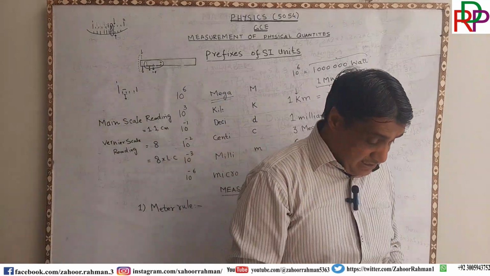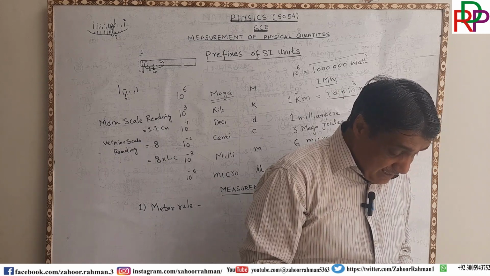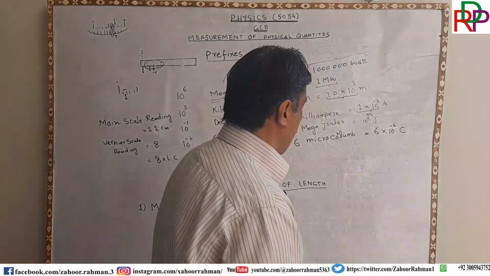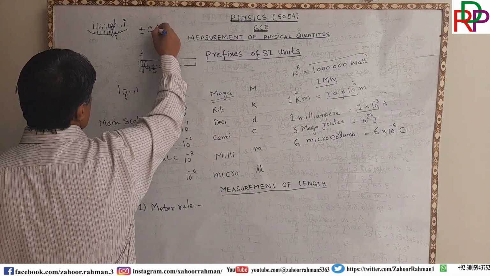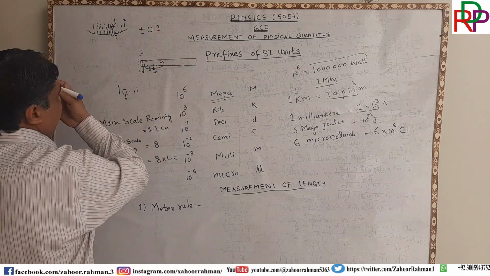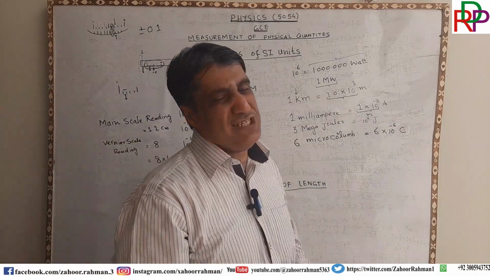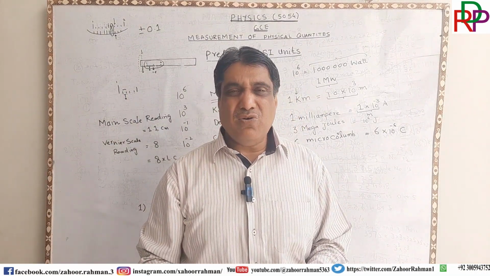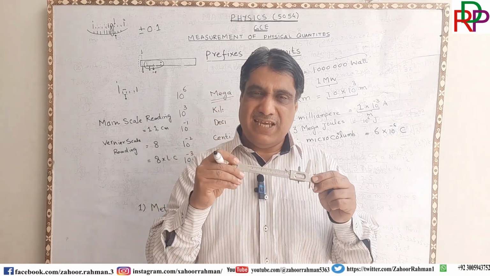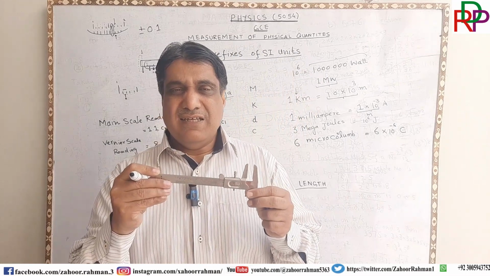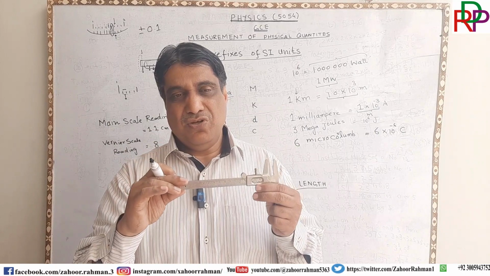In your book, it is given that the vernier caliper has a least count of plus minus 0.1 millimeter. Ladies and gentlemen, what is least count? Least count is the ability of an instrument that can measure the smallest value.